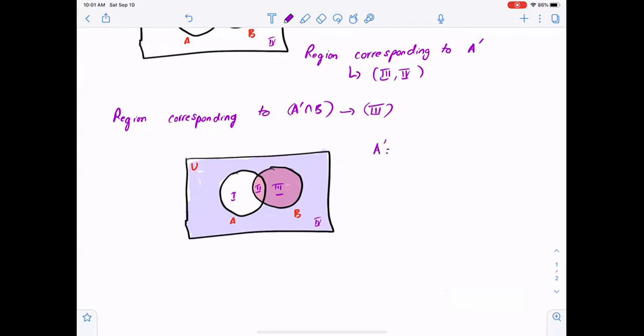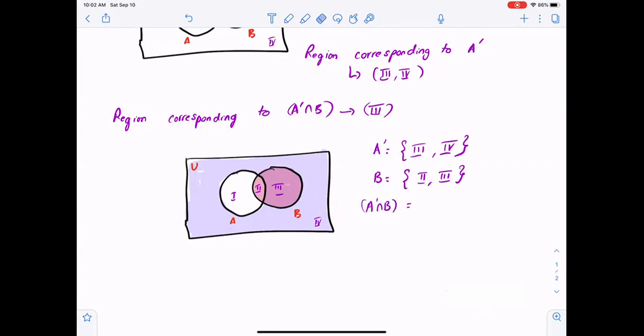We know we wrote A complement from earlier as region 3, region 4. We know B is region 2, region 3. We simply want to find the intersecting regions.